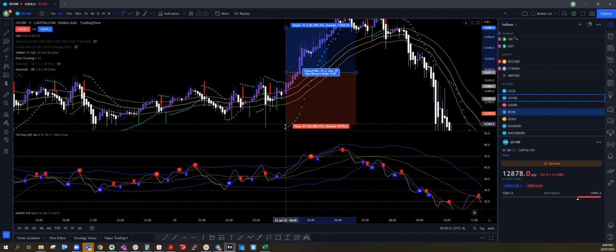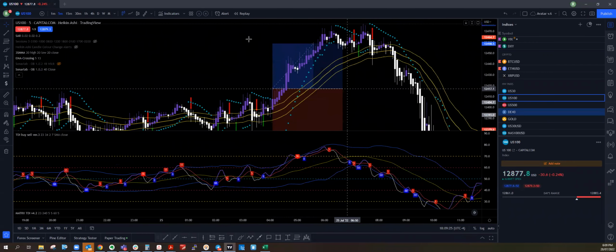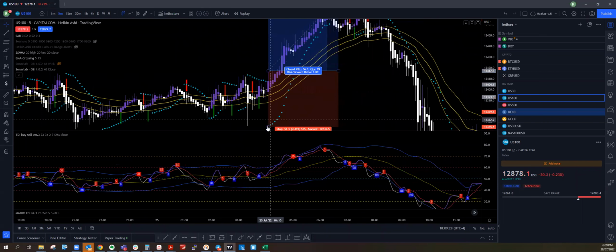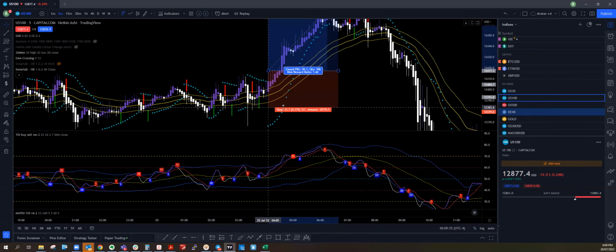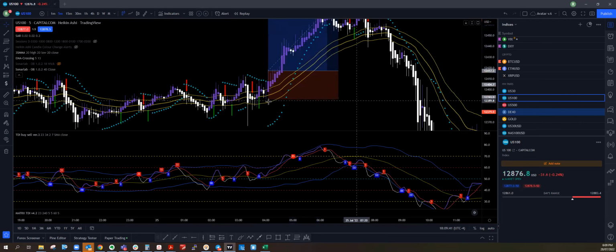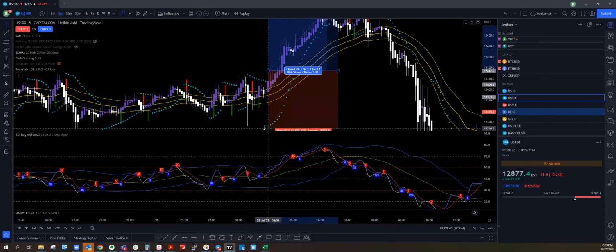If you are in this trade, you put your stop beneath the PSAR dot. And what I do is the safest way to trail your stop is to trail it with the PSAR dot, right? Every time a candle opens and the PSAR dot moves, you move it up, up, up, up, right? That's the conservative trailing stop loss.